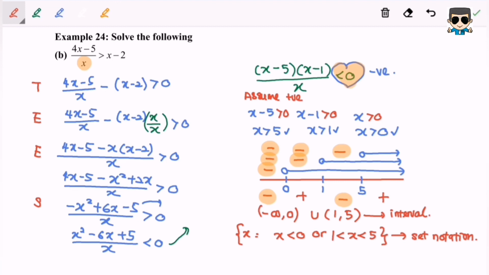Step number 5, I'm factorizing the situation. And then determine the sign by using the love sign. And then assume always positive. Then we have a number line. And then finally we have our answer. So that is a summary.